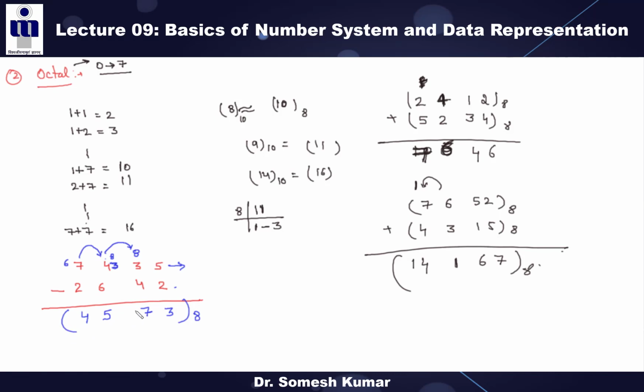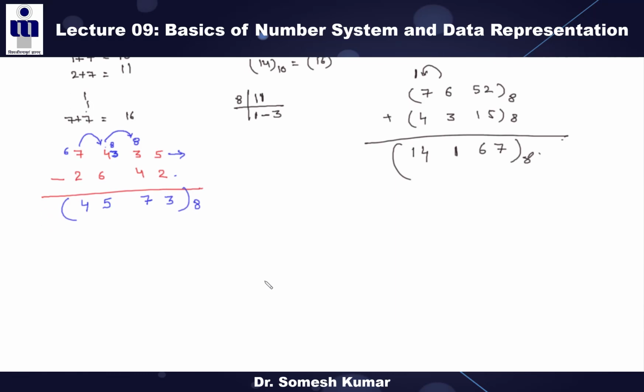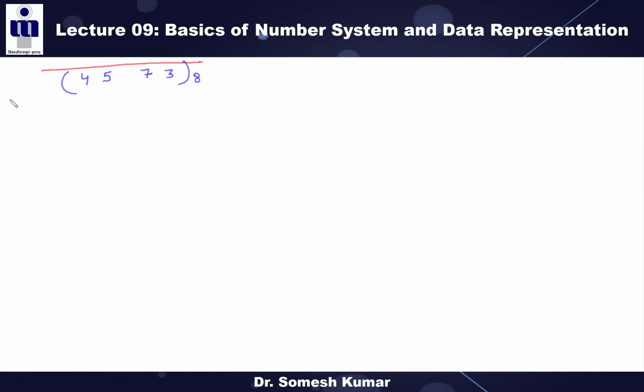Now in the similar way, you can do the hexadecimal addition and the subtraction. So we can take some examples of hexadecimal also. In the hexadecimal, suppose we are saying A plus A. In decimal it is 20, and how you can represent 20 in the hexadecimal?